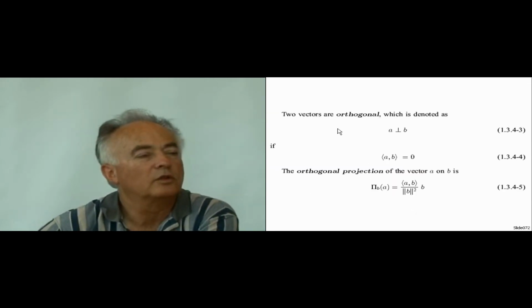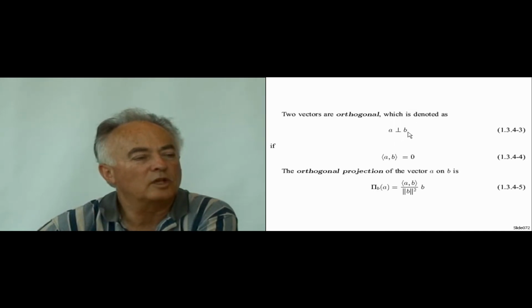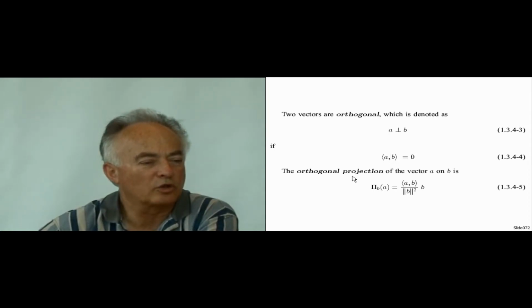Orthogonality of vectors is as follows. We say that A is orthogonal on B if the inner product between A and B is 0. The orthogonal projection of vector A on B is the inner product between A and B divided by the square of the norm of B, times B. If you look at it as the inner product AB being the length times the cosine of the angle, you have one length of B here, the square of the length here, and one more time length here.